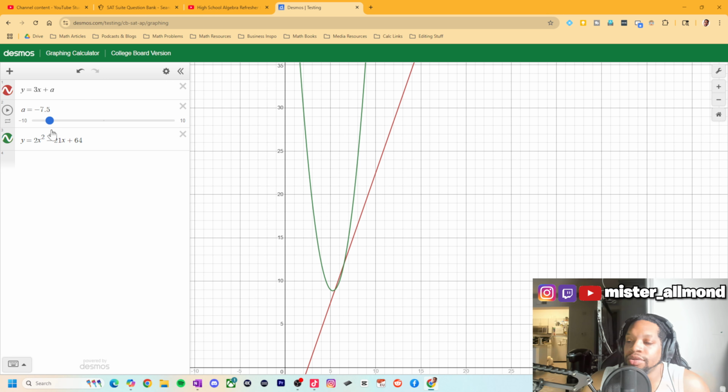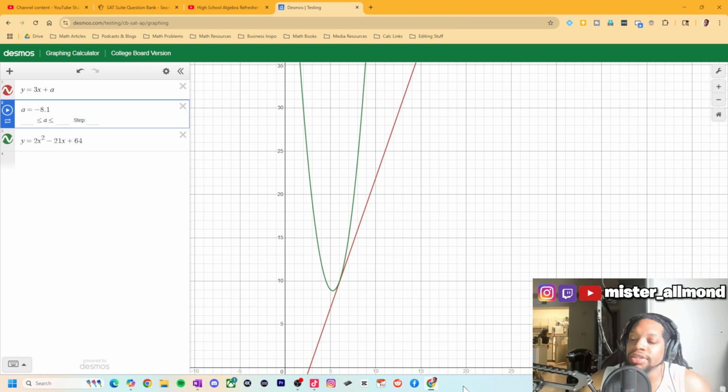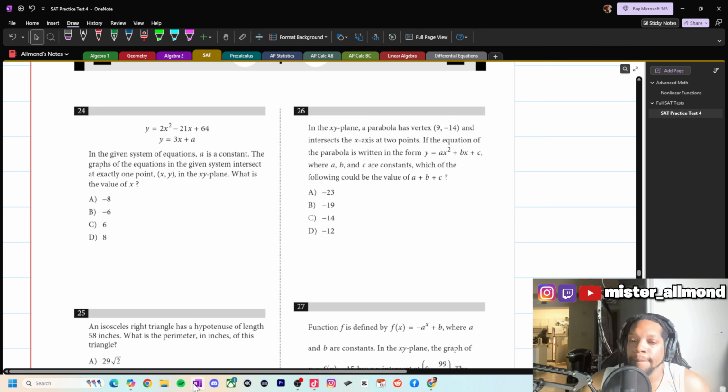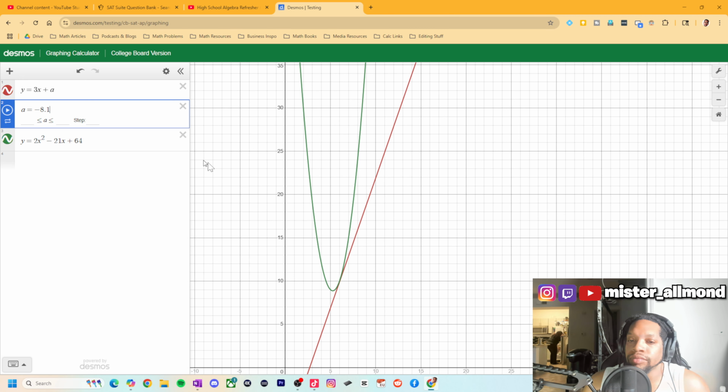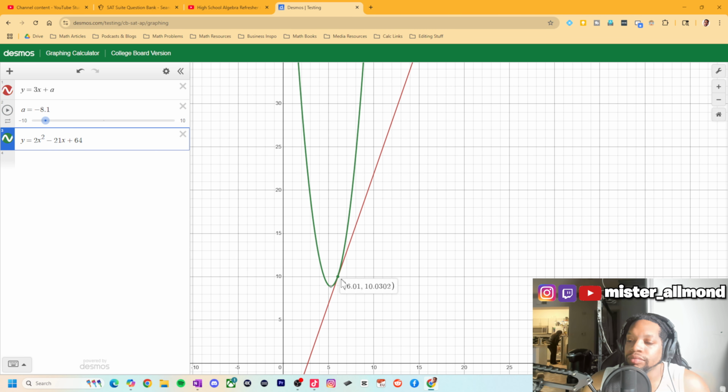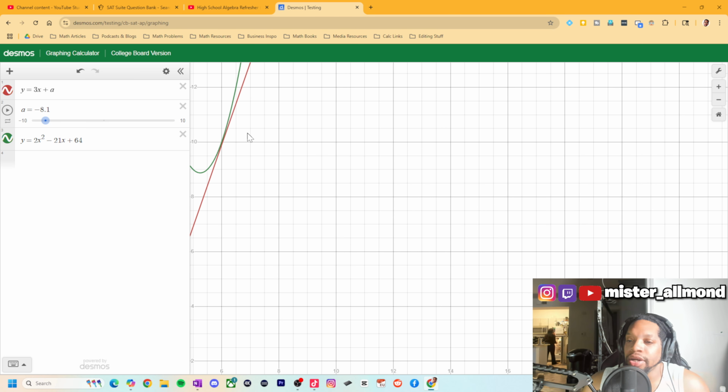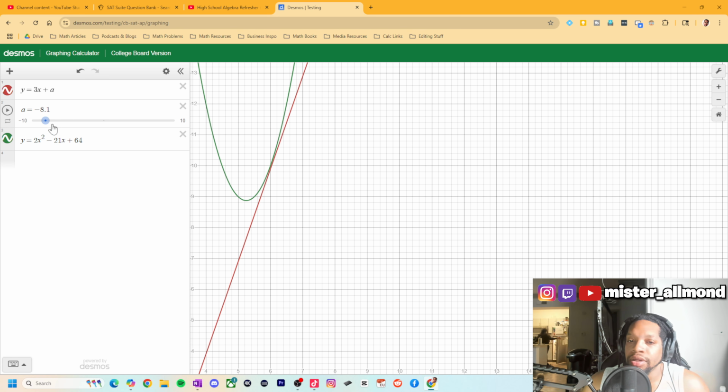I don't know if A can be, wait, does it say anything about the constant? What is the value of X? So I want to see if I can get it where they connect exactly once, which at negative 8, it looks like they do.